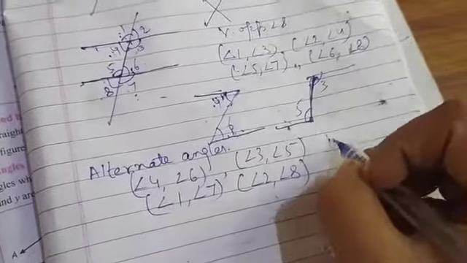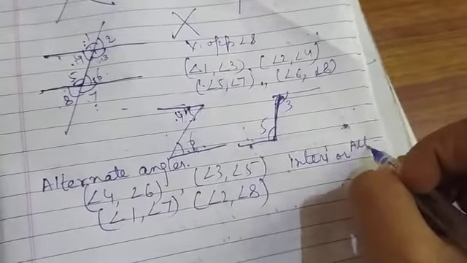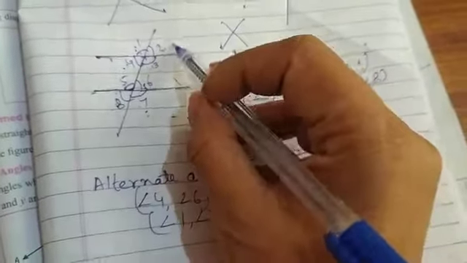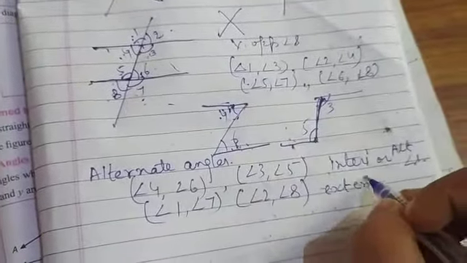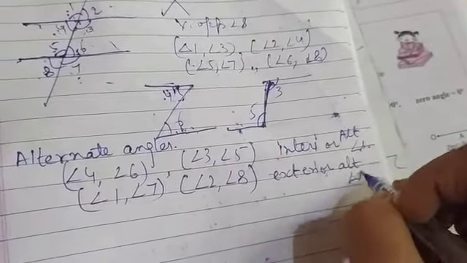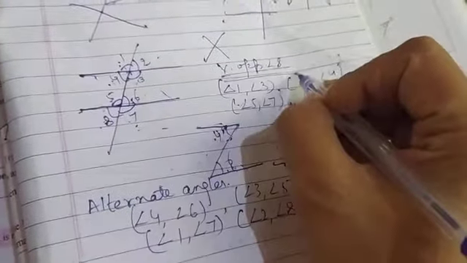They are interior alternate angles and they are exterior, outside, alternate angles.